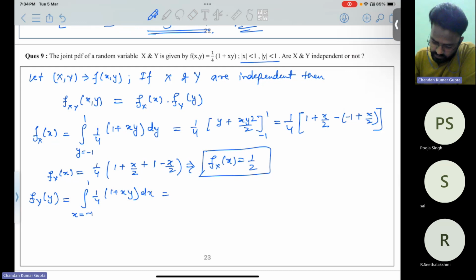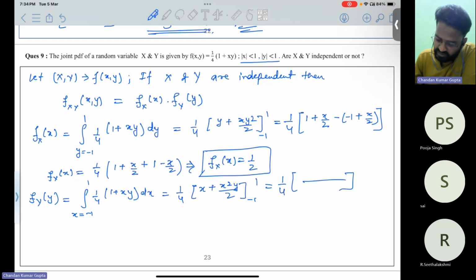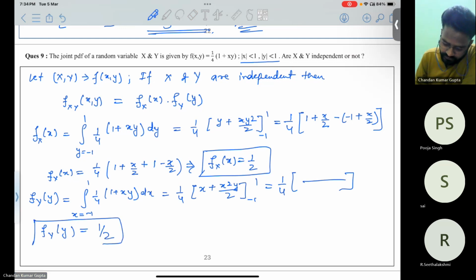It comes out to be the same, but let's do this: 1 by 4 times x plus x square y by 2, from -1 to 1. It is again the same quantity. After calculating, we get fy of y equal to 1 by 2.